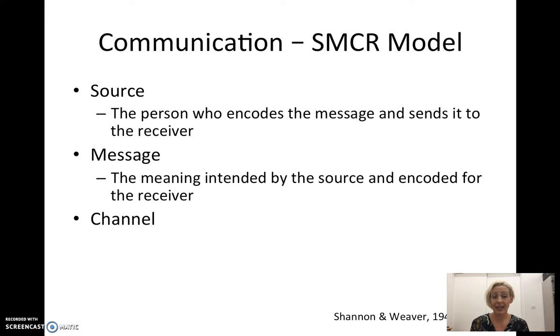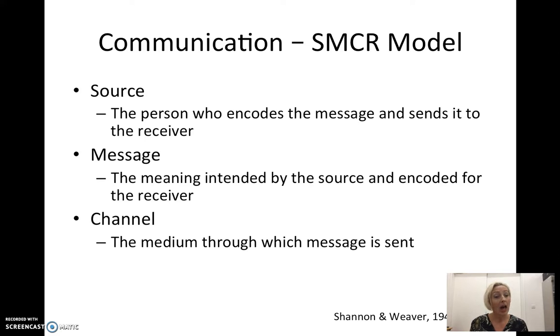The C in the SMCR model is for channel. Once I have a message, once I have the meaning and the symbol for it, I need something to send that message by. So I could say it, and then the sound, the air, will be the channel. But I could also write it in an email, or I could record it in a video like this, and this will also be the channel of communication.